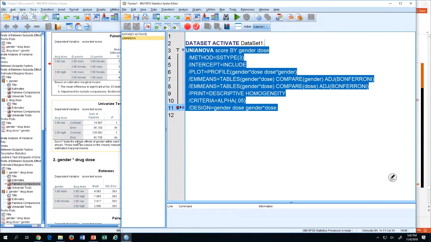Okay, so take the compare, adjust Bonferroni, select that, and copy it. And then put it down on that line where the interaction is. And then next to compare, put your cursor by the compare. In parentheses, gender.